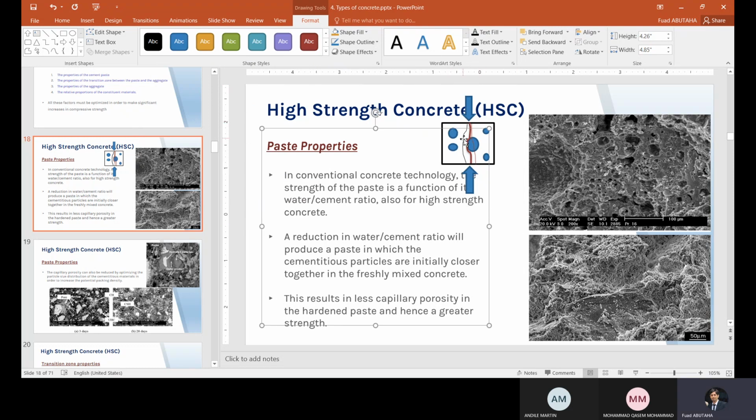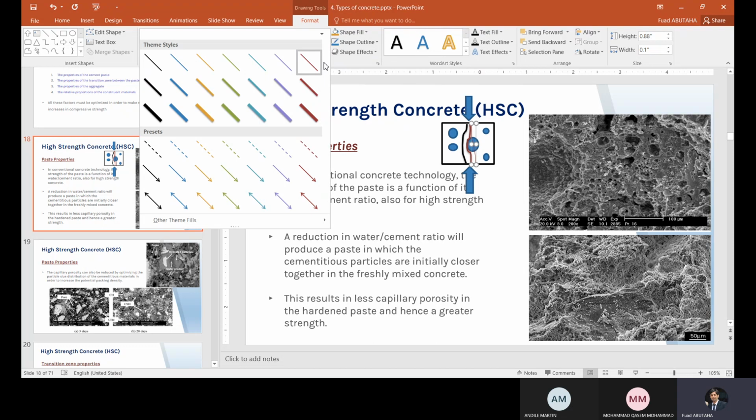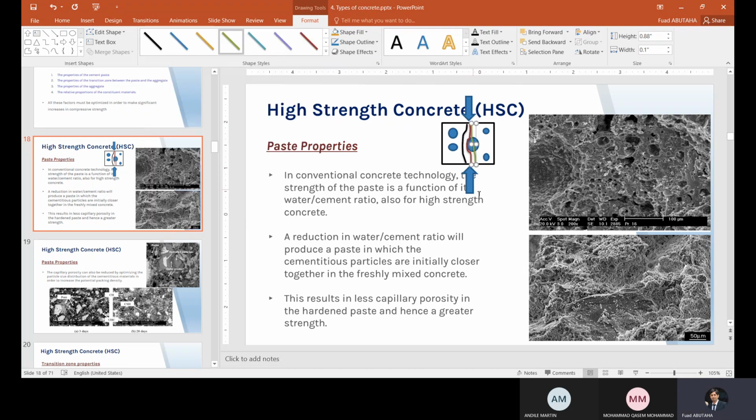So we have three scenarios of failure. The first one is through the cement paste. The other one is through the aggregates, and the third one is through the bond between the aggregate and the cement paste.